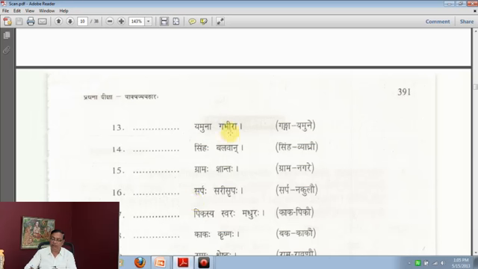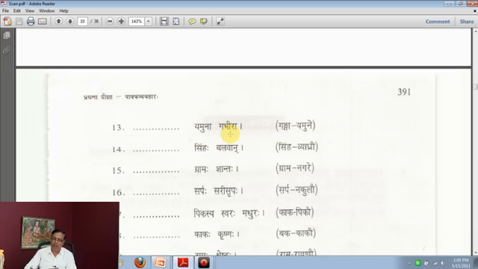13th sentence, Yamuna Gabhira. So, Ganga Yamunayoho, Yamuna Gabhira. Between Ganga and Yamuna rivers, Yamuna is very deep. Gabhira means depth. Then 14th one, Simha Vyagrau.